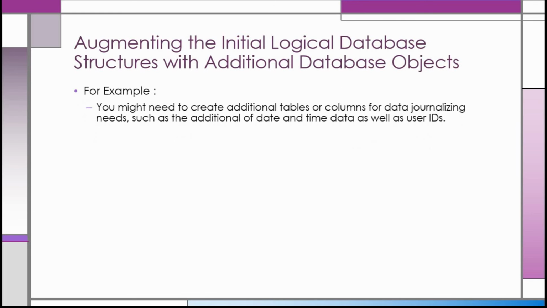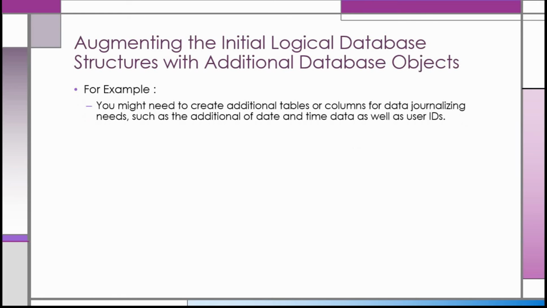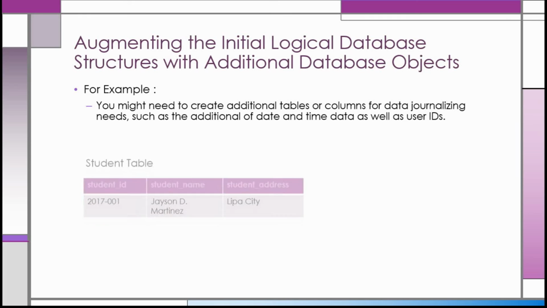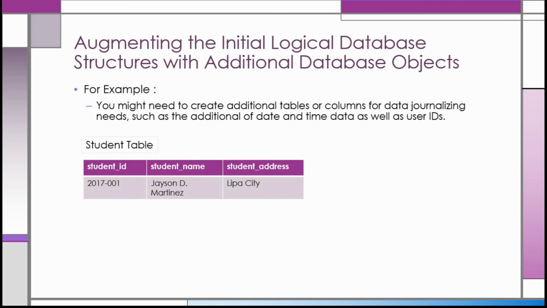First example is you might need to create additional tables or columns for data journalizing needs, such as the additional date and time data as well as the user ID. From our student table, we have student ID, student name, student address.